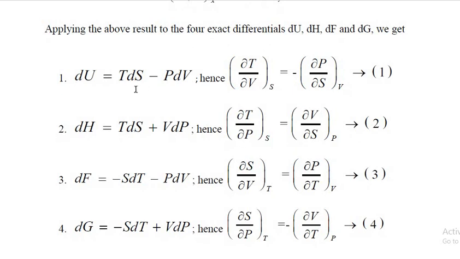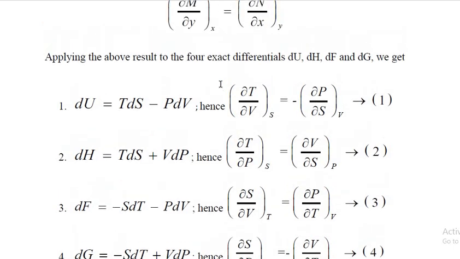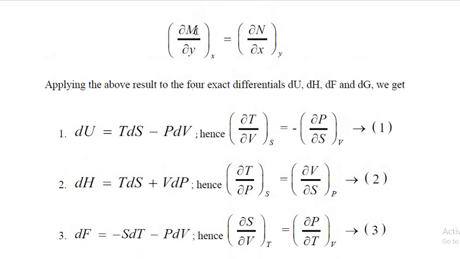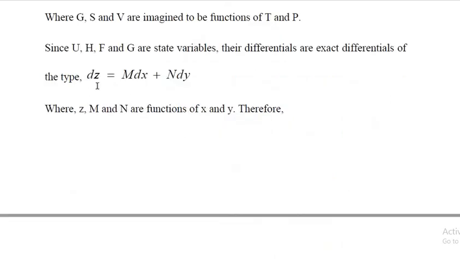that is dU is equal to TdS minus PdV, hence we get ∂T/∂V at S is equal to minus ∂P/∂S at V. If you consider here dz is equal to M dx plus N dy, then ∂M/∂y at x is equal to ∂N/∂x at y.